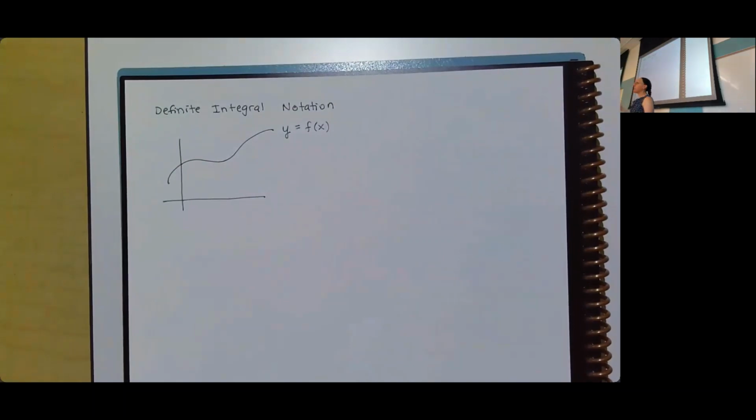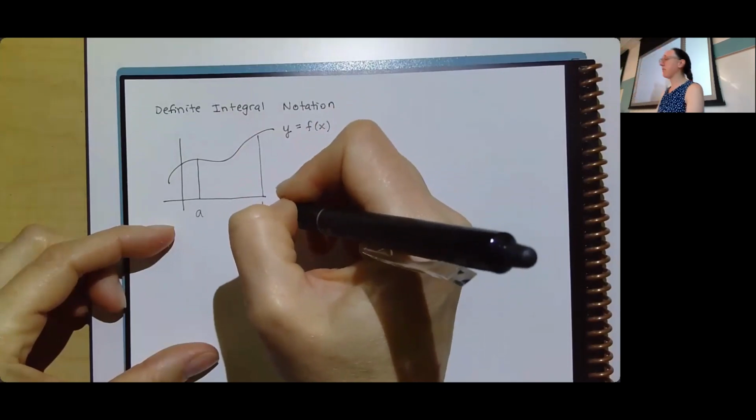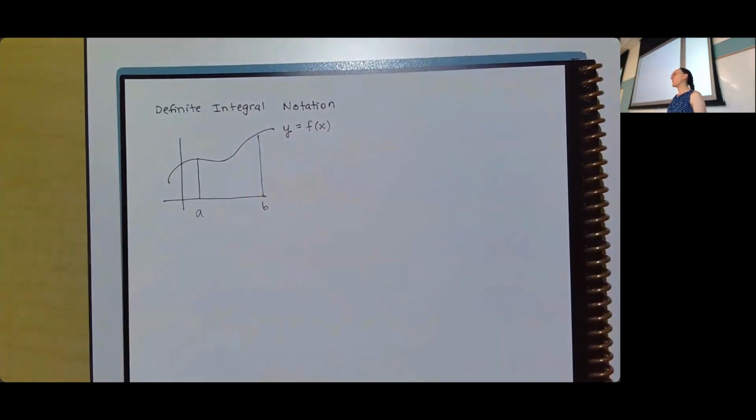Last week we did some Riemann sums and we looked at breaking up an area from A to B under the curve into a bunch of little rectangles. And then we said, let's let that number of rectangles go to infinity, and we get the true actual area. And we had that crazy Riemann sum notation. We did a whole bunch of algebra, we took a limit, we got to a final answer. Good news is we're not going to do very much of that this quarter. But we are going to do a lot with definite integrals.